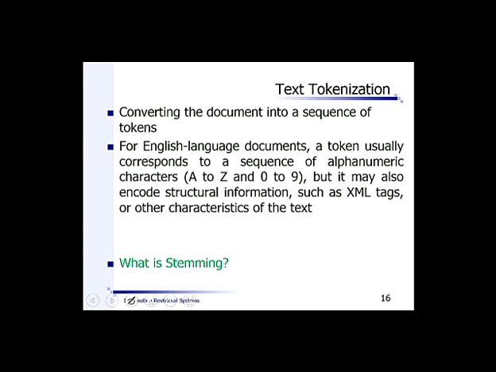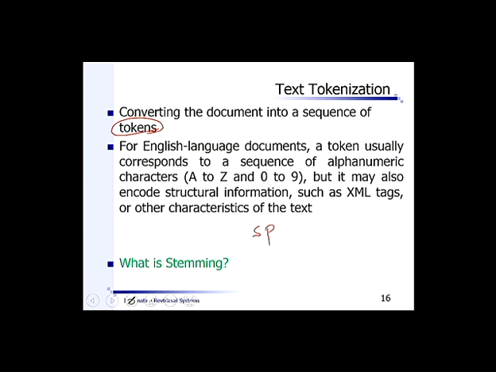The first step in any information retrieval system is text tokenization, which means to convert the document into a sequence of tokens. What is a token? For English language documents, a token usually corresponds to a sequence of alphanumeric characters, but it may also encode structured information like XML tags or other characteristics of the text. So in English, every token is a sequence of alphanumeric characters, mostly separated by space.